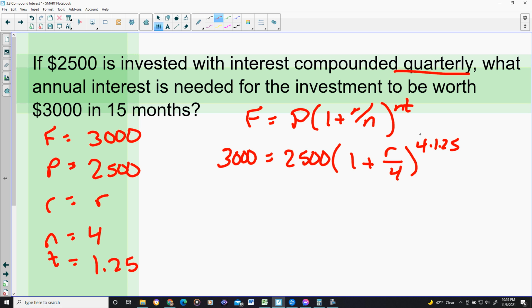You might need to divide, you might need to multiply, you might need to use exponents, you might need to use logarithms, whatever. Okay, let's start by dividing by 2,500. So 3,000 divided by 2,500 is going to be actually 6 divided by 5, so 1.2.